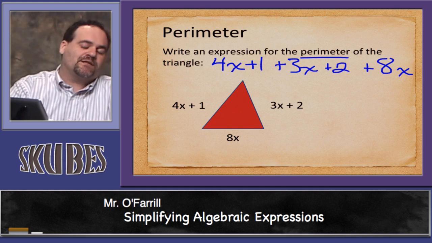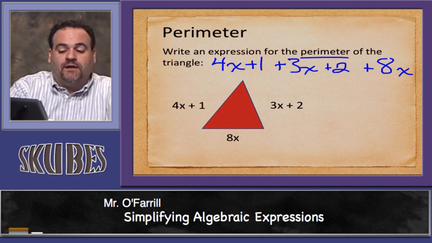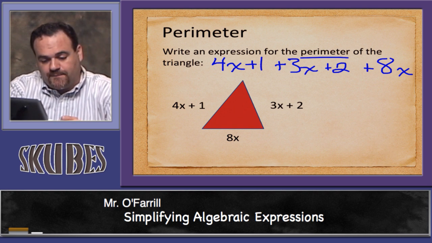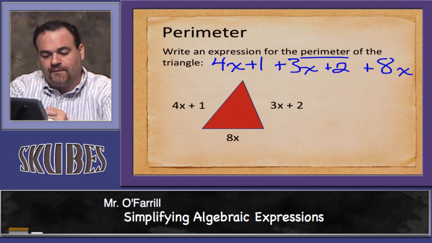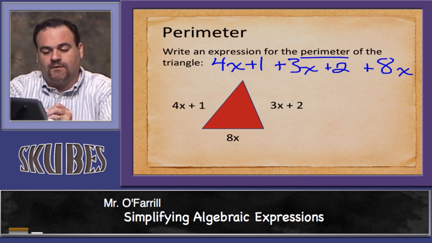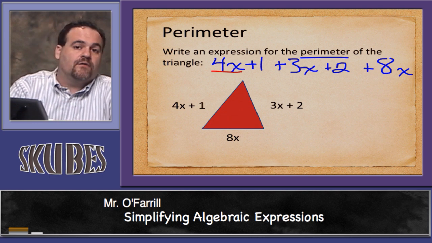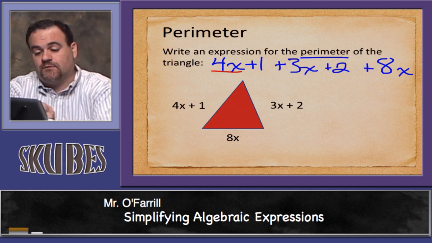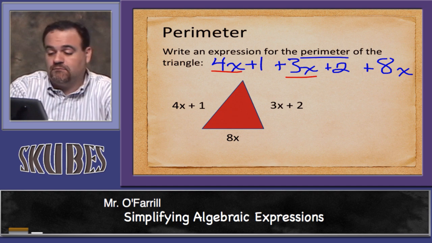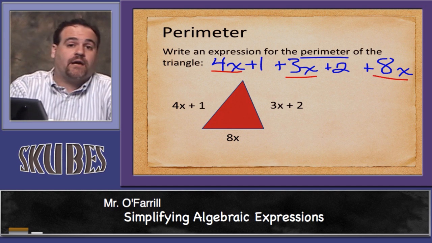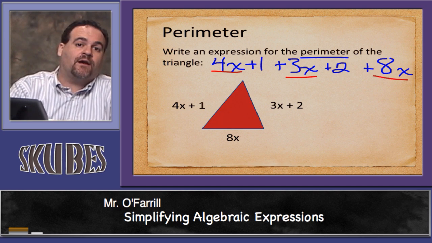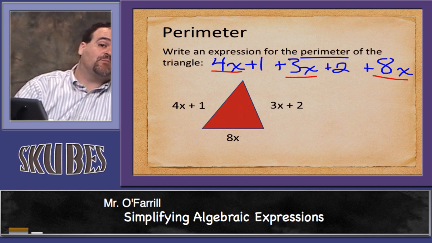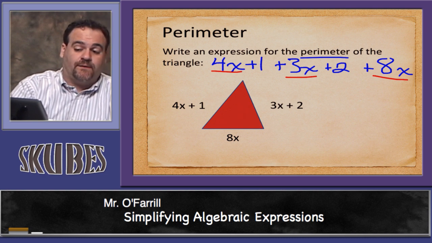And just like the last problem, we start by looking for like terms. For x, do we see any other x terms? 3x, 8x. They're all the letter x, and they all have the same exponent, one that we don't see.